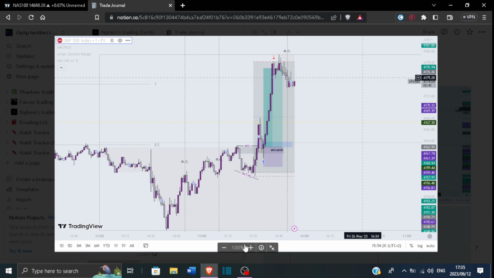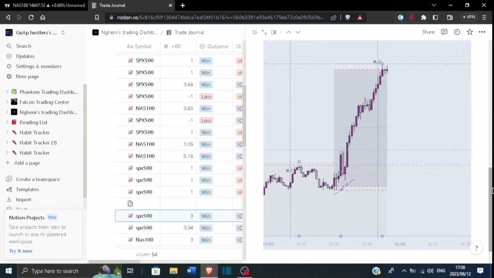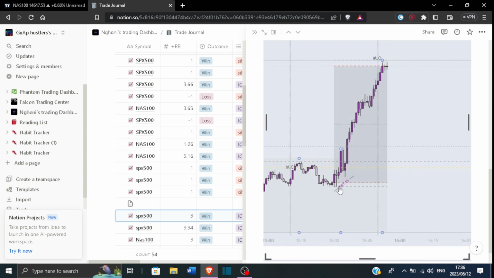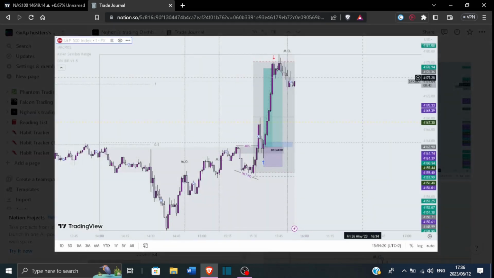But on the Nasdaq, we did not have that liquidity sweep. So let me show you Nasdaq. Nasdaq did not have that liquidity sweep. Nasdaq went higher instead of lower. So on SPX 500, we were going to wait for a market structure shift, which happened over here.